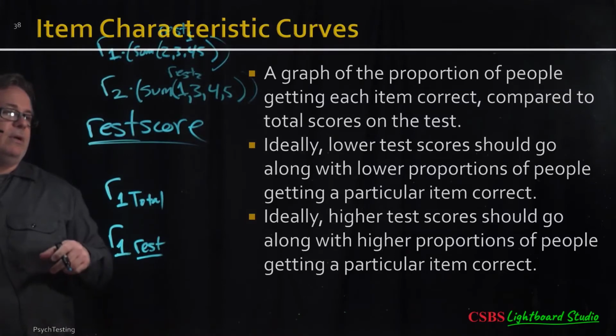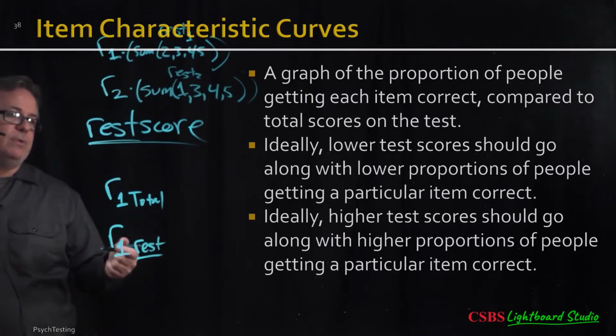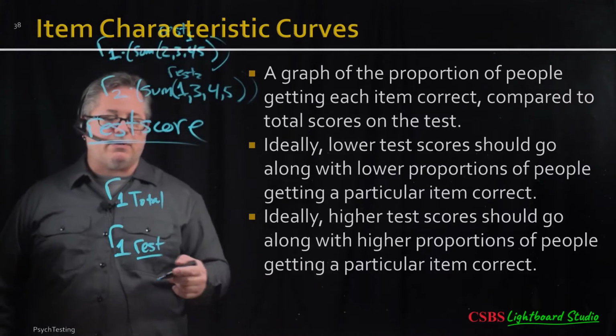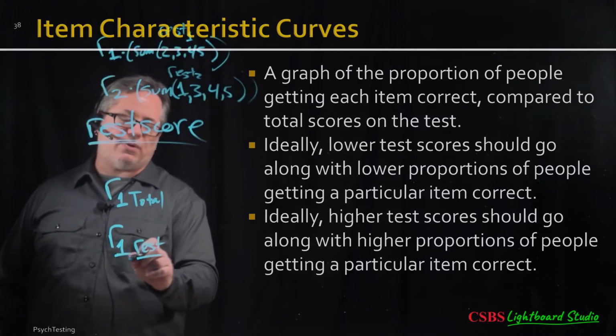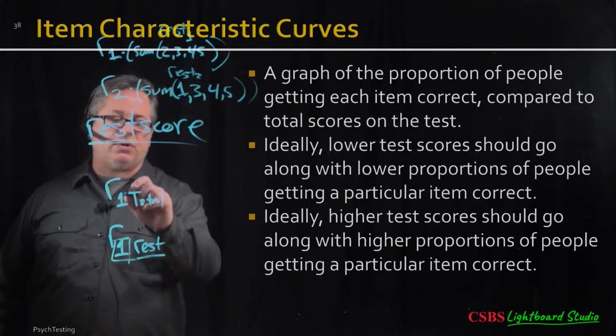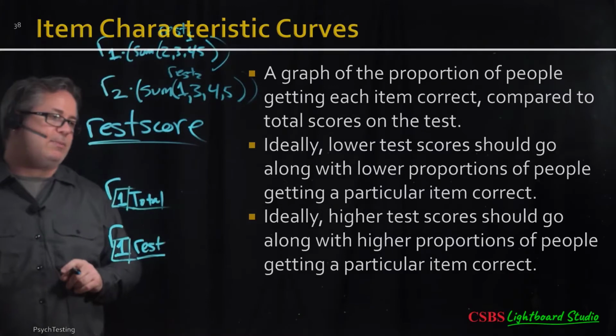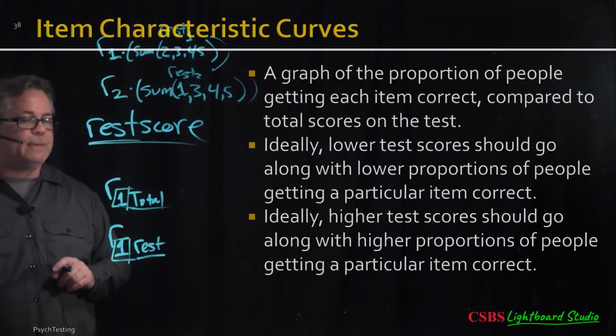So every item is now being correlated with a slightly different total, a different rest score, but that helps to reduce the inflation of the correlation simply by correlating an item with a thing that includes the item, which is going to make it seem artificially higher than it probably would be.